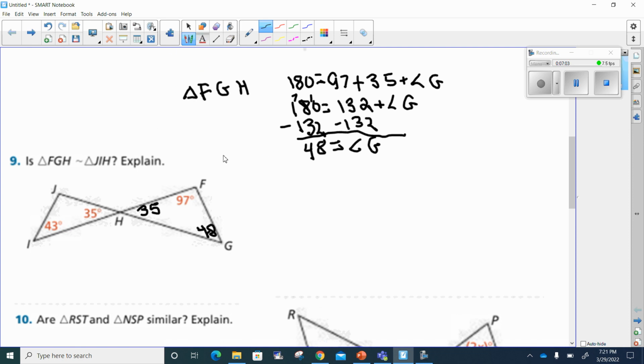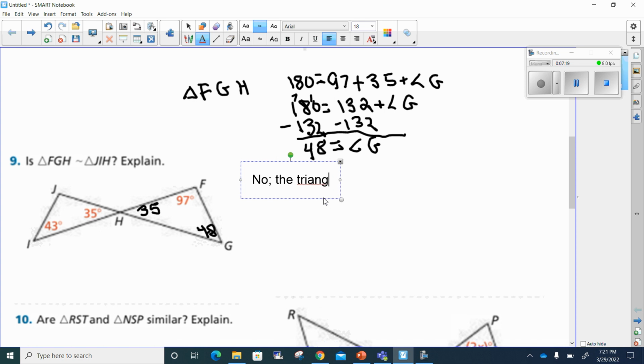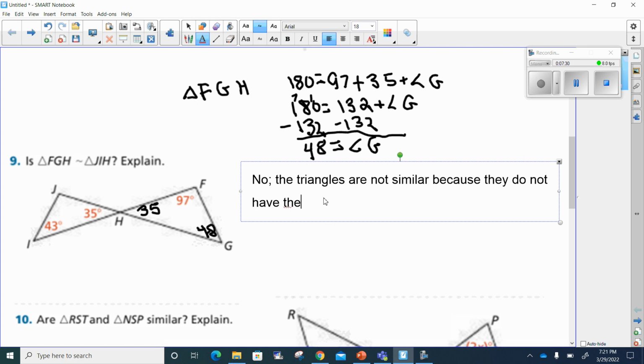When it says to explain, pretty simple explanation. No, first of all, the triangles are not similar because they do not have the same angle measurements.